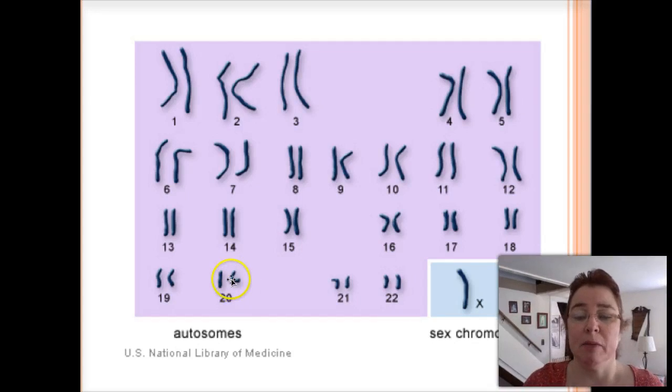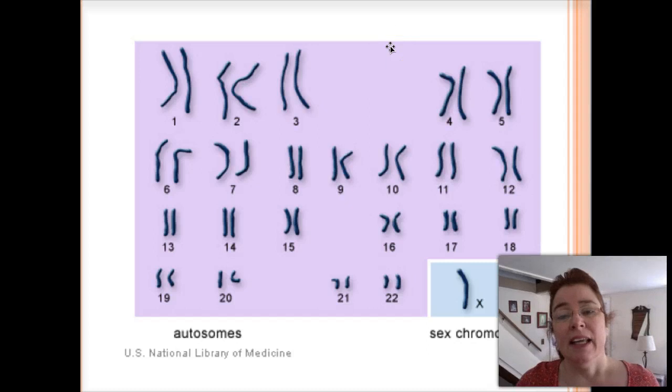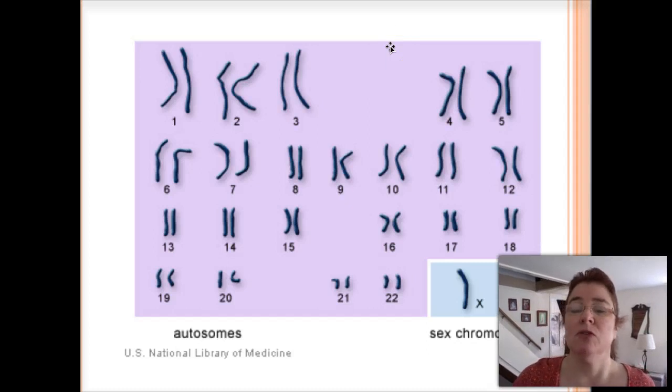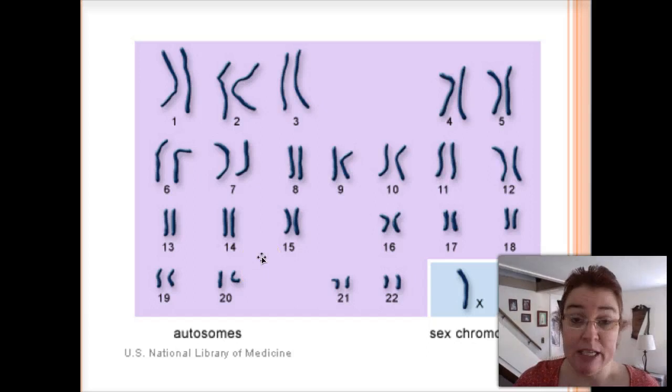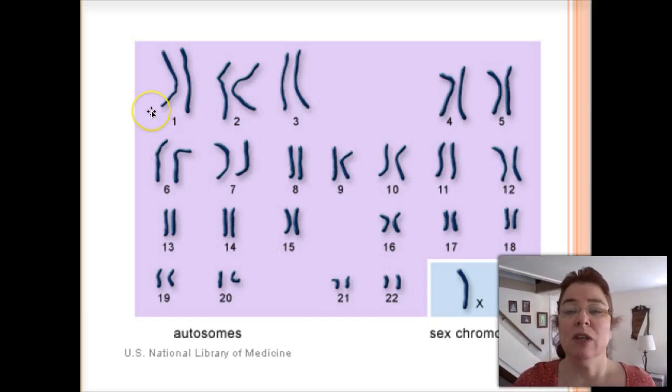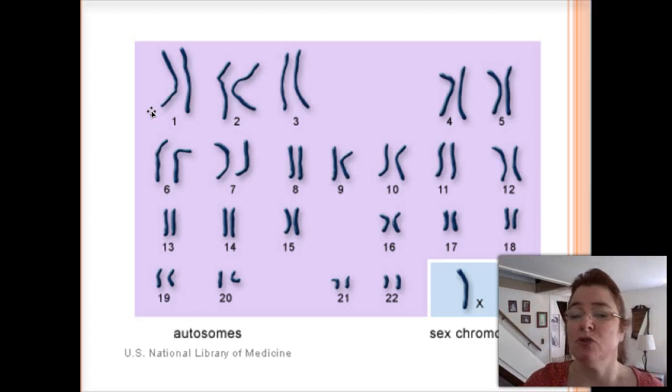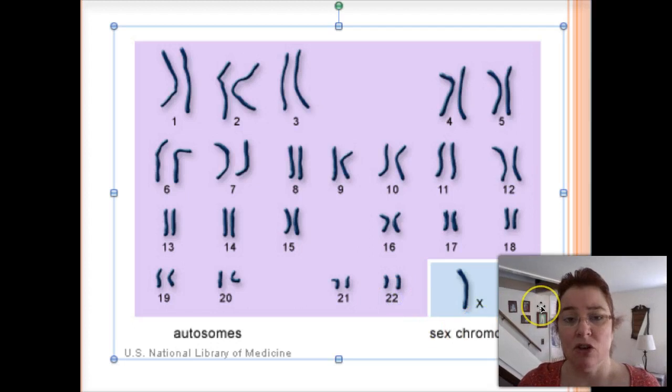And you can see some of them are much shorter, and some of them are much longer. And each pair of chromosomes, compared to the other pairs, contains a unique set of genes. In other words, if you lined up chromosome 1, chromosome 2, chromosome 3, chromosome 4, all the way to chromosome 22, and the sex chromosomes, you would have the entire molecule of DNA from a human being.